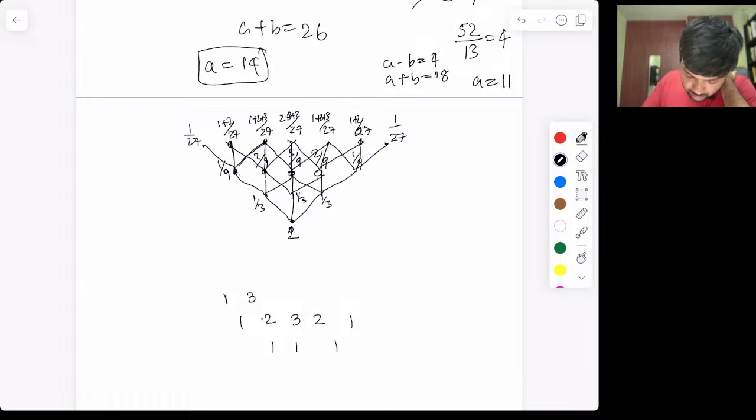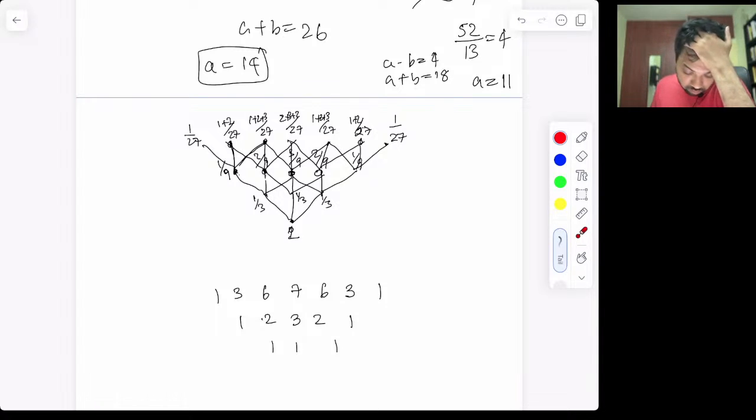Okay, the way this pattern goes, 1, 3, 6, 4, 3, 4 plus 3, 7, 3, 2, 1, 6, 3, 1, 10, 27, yeah. This also sums up to 3 power n instead of 2 power n. Very Pascal-y situation. So there is a Pascal somewhere here. So can we write it in terms of binomial coefficients or something?